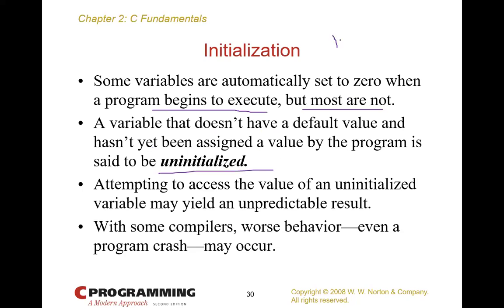So if you say int x and you didn't put any value, x is defined, but x is not initialized because there is no value. So if you go to the next line and say x is equal to 7, then you have initialized x. Attempting to access the value of an uninitialized variable may yield an unpredictable result. So if you are trying to print x when there is no value in x yet, you should expect an error.